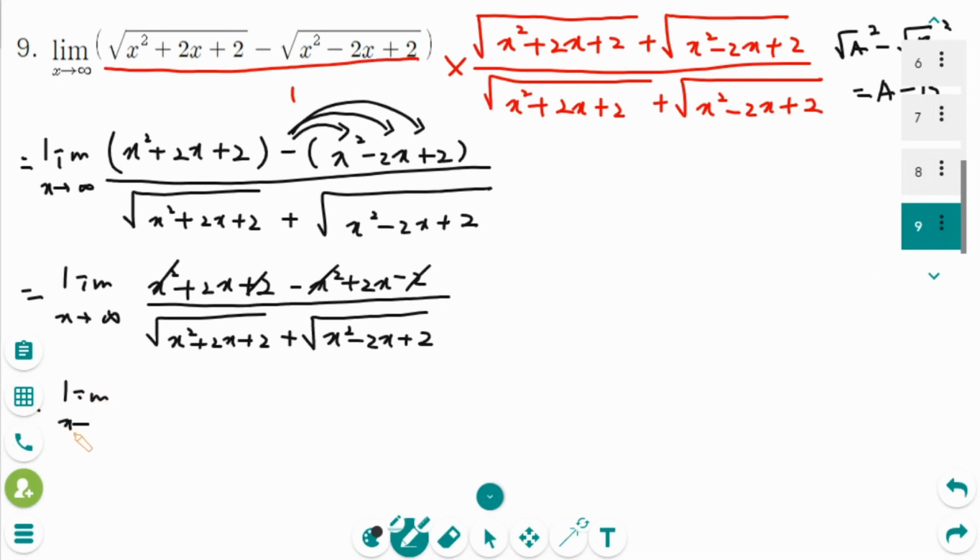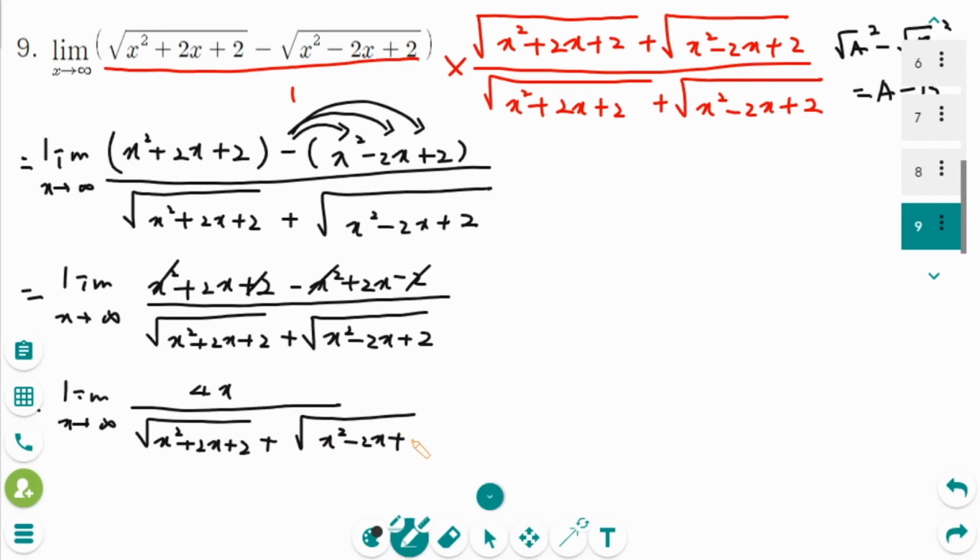So the limit as x approaches infinity, come together, is 4x over the same. So again, simplifying reveals infinity over infinity form.